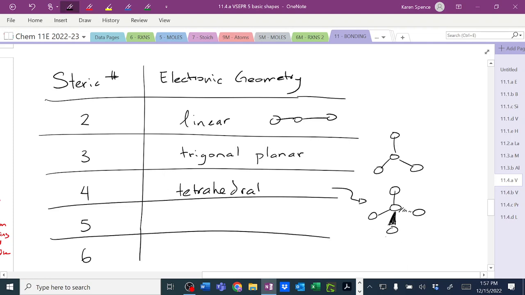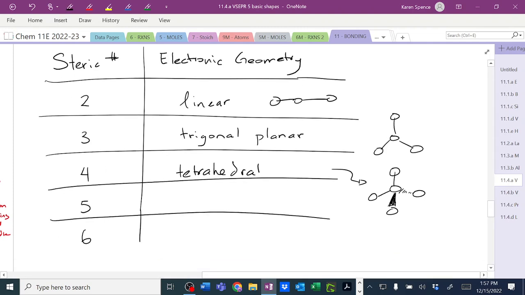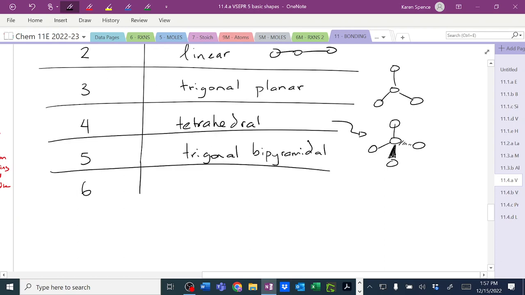That actually isn't as bad as I thought it was going to be. Now, what about 5? Trigonal bipyramidal. Two pyramids.